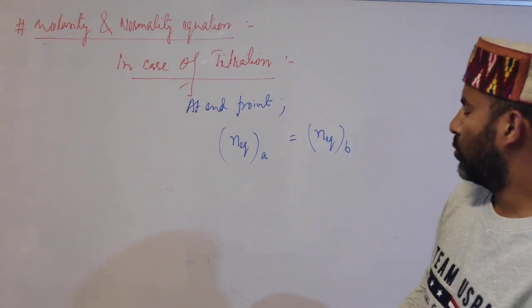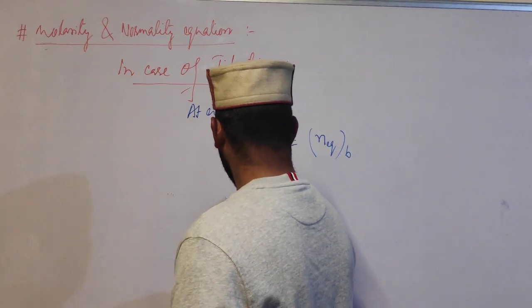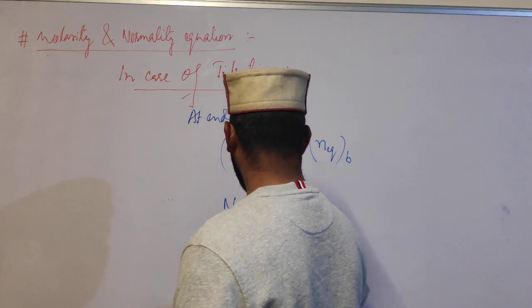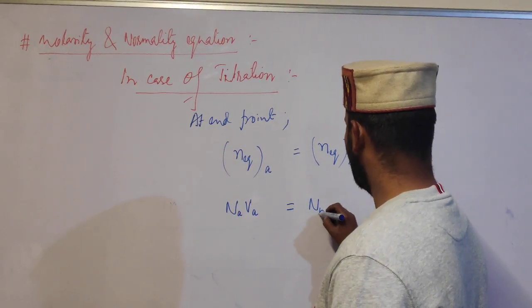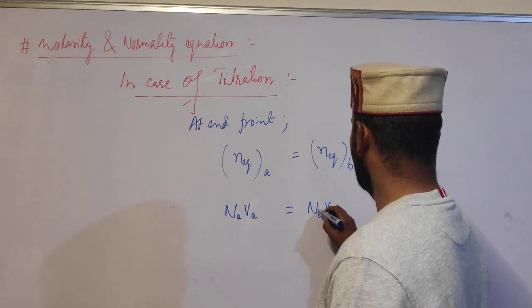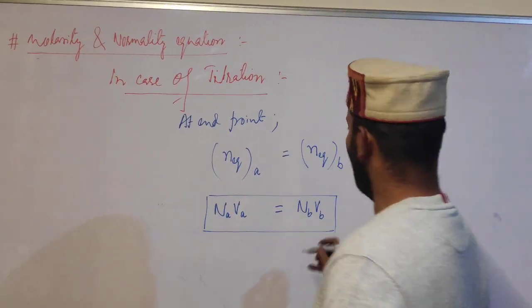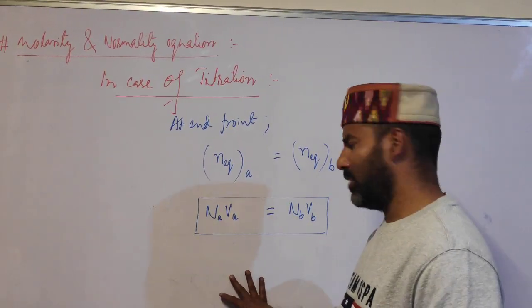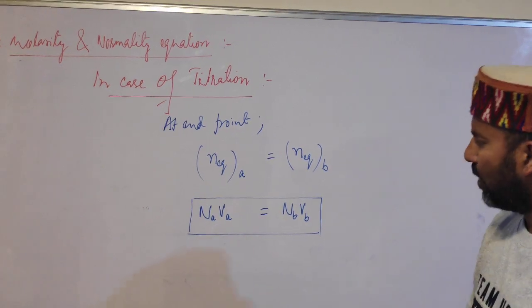Now how do we find gram equivalents? Again we use normality. So NaVa must be equal to NbVb. Students, this is called the normality equation. Now from the normality equation we can move into the molarity equation. How?